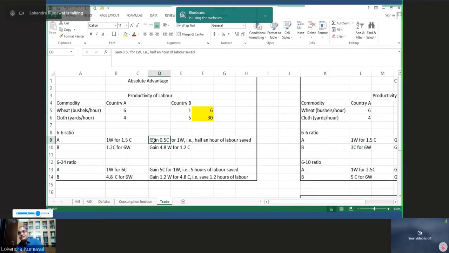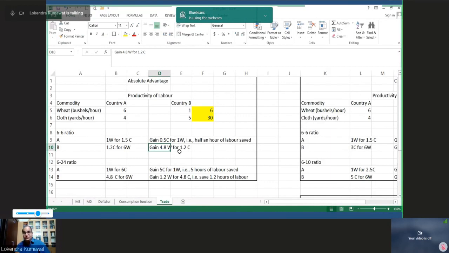So just against 1.2 hours worth of cloth, it is getting 6 hours worth of wheat. Just imagine, only 1.2 hours of cloth against 6 hours worth of wheat. 6 hours is huge as compared to 1.2. So it is gaining 4.8 hours worth of wheat.